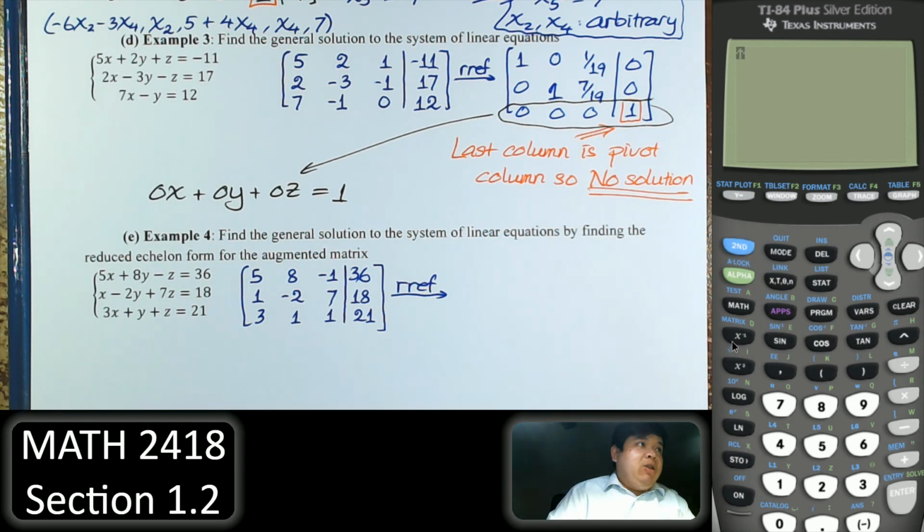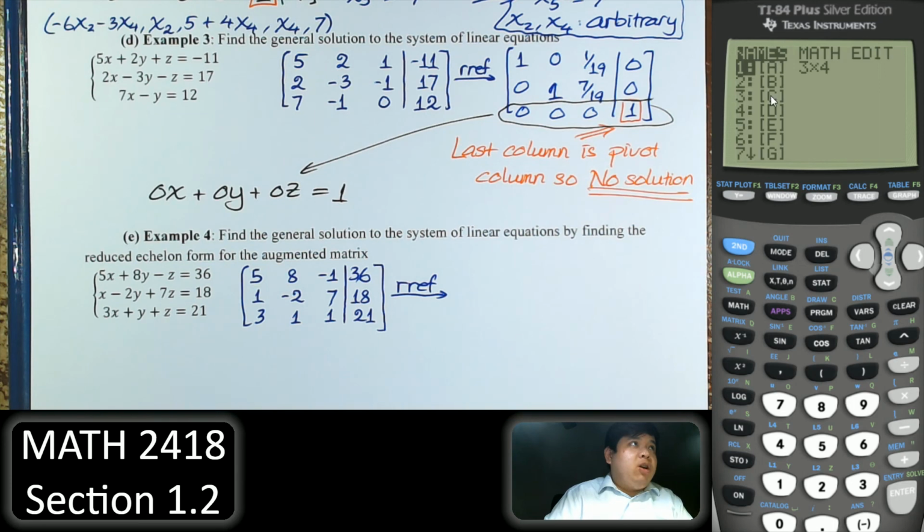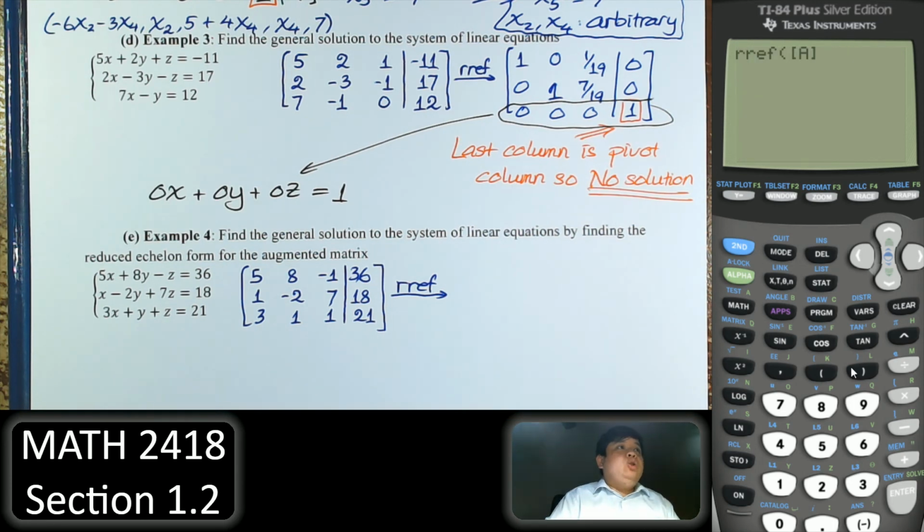So second matrix, still go to reduced row echelon form. Second matrix one more time, under names, A. So we'll perform the row reduction of matrix A into reduced row echelon form. Hit enter, and that's what we have.